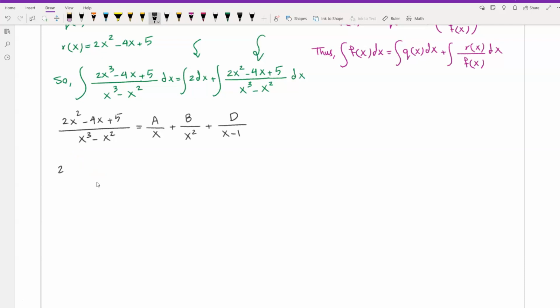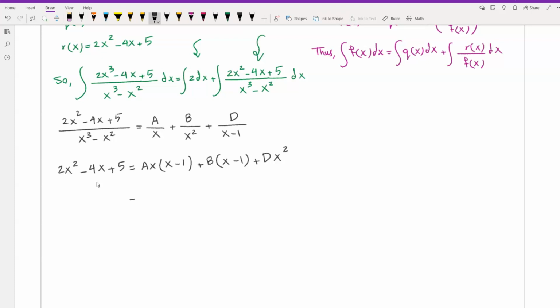On the left side, we're going to have 2x squared minus 4x plus 5 equal to ax times (x minus 1) plus b times (x minus 1) plus d times x squared.